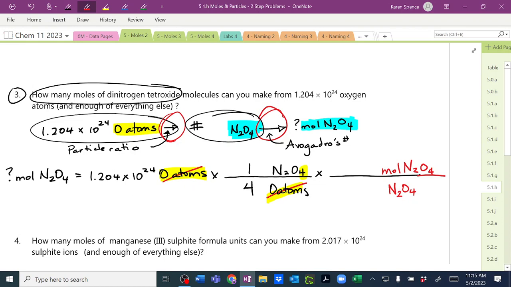Tell your partner, where does the 6.02 times 10 to the 23 go? Does it go on the top or the bottom? And how do you know?